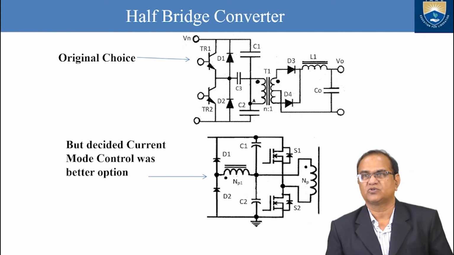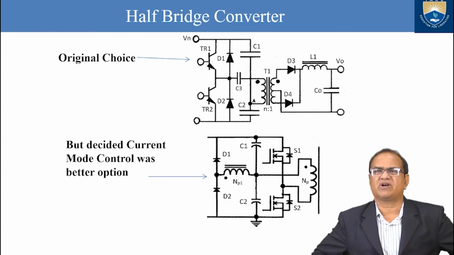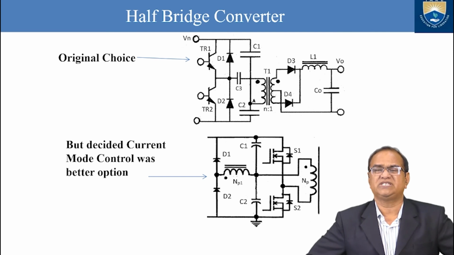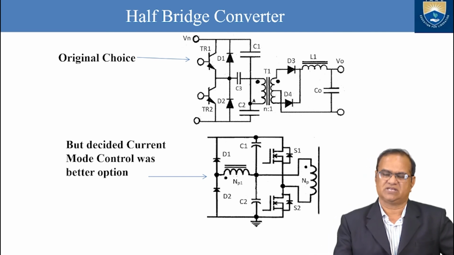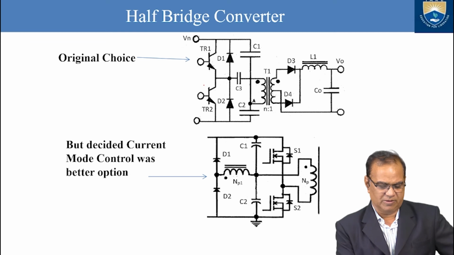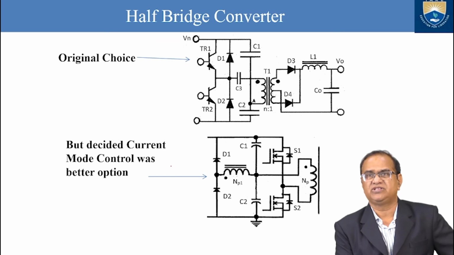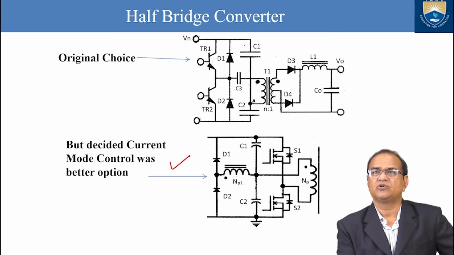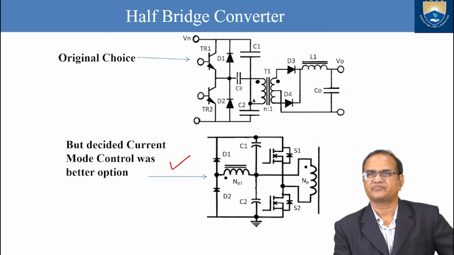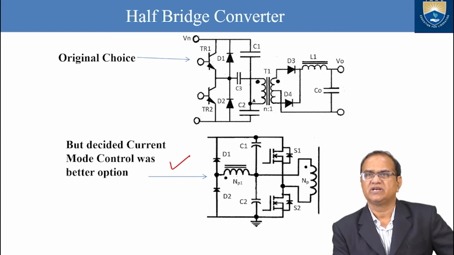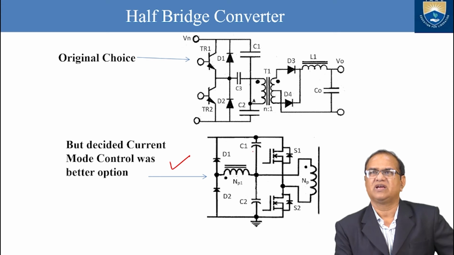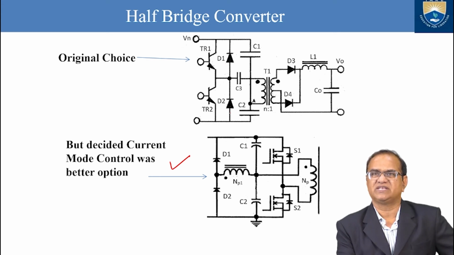Half bridge converter. So we have to use some converter. This is the original choice which everyone is using, but they decided current mode control was a better option. So this one was the better option. In place of this, they have used some NP1, D2, C2, D1, C1. Okay, and here if you see, there is a difference between this and this.